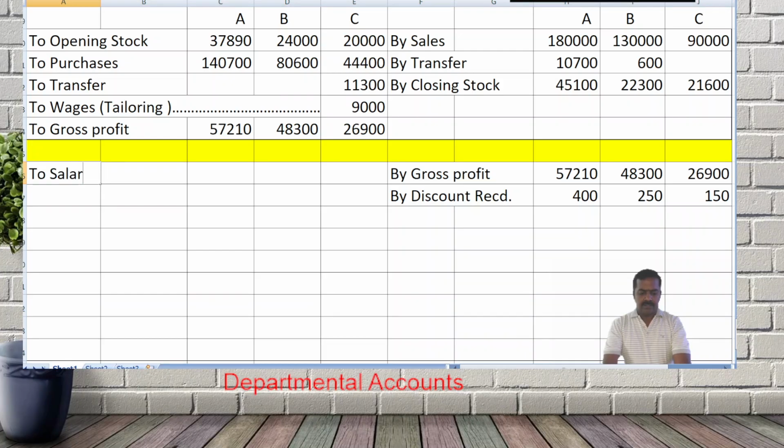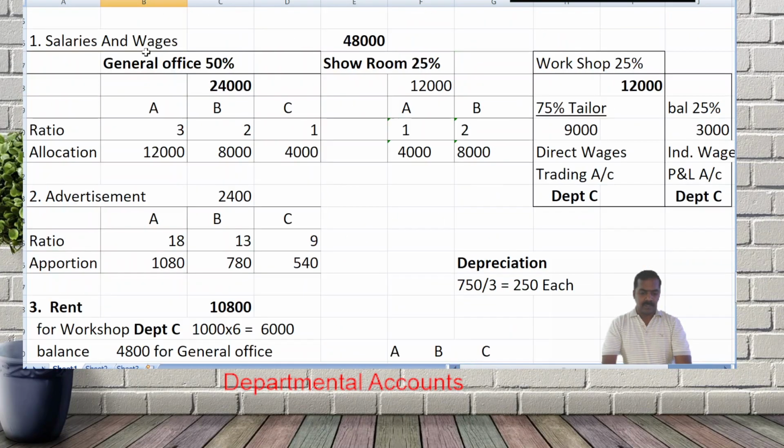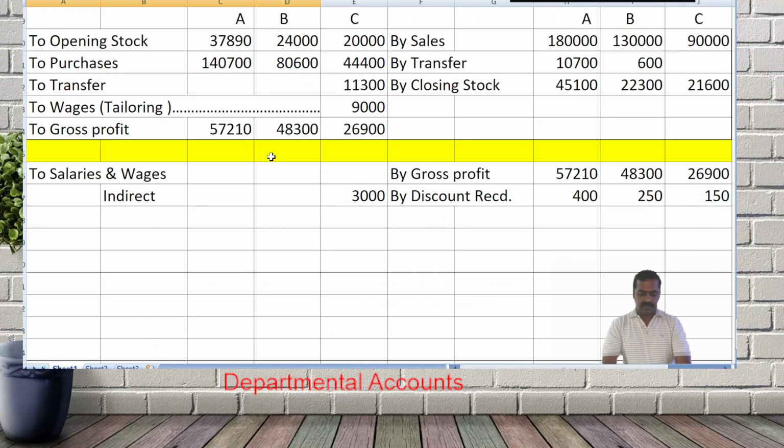Then to salaries and wages. Below that, indirect wages. Indirect wages are classified as 3,000. Then allocate in the 3:2:1 ratio. This one, general office. General office salaries and wages, see working note one: 12,000, 8,000, 4,000.